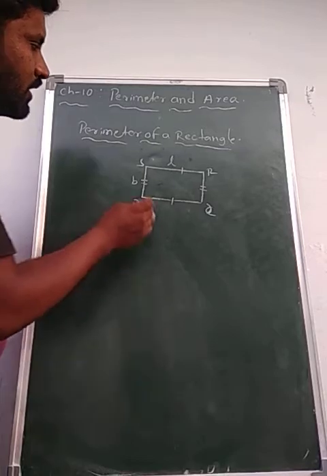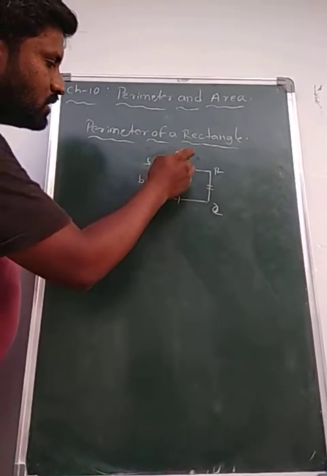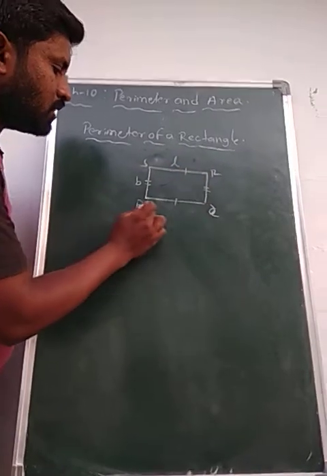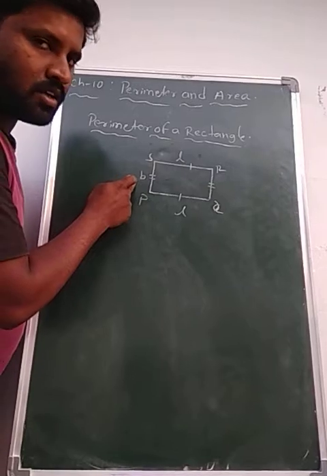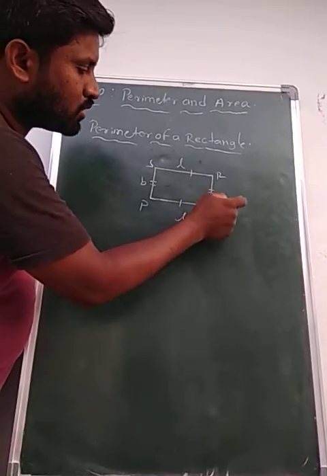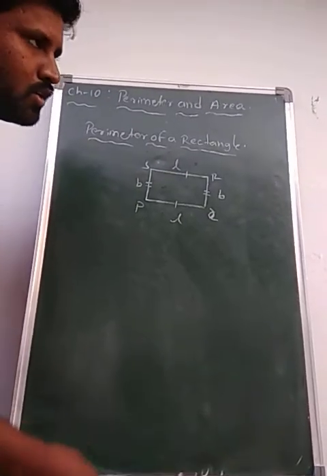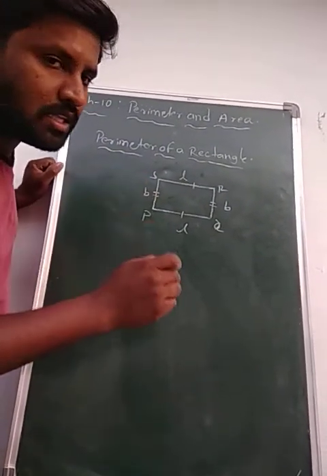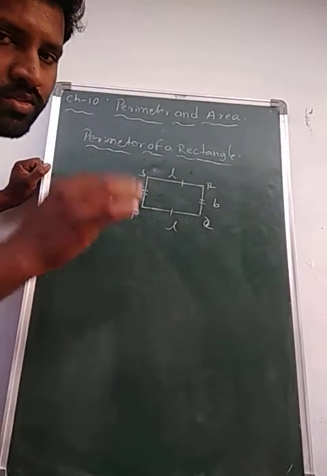Clearly, I am going to find the formula of the perimeter of a rectangle. So SR is length, and PQ also is length. SP is breadth or width, and QR also is B. We know perimeter is the sum of the lengths of all sides of a closed figure.